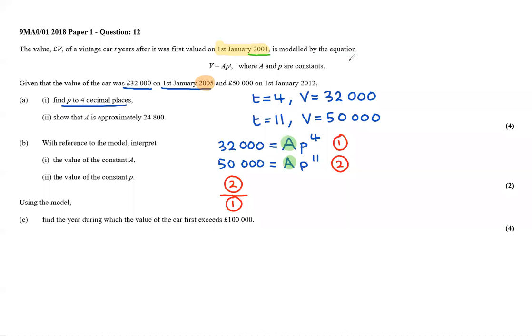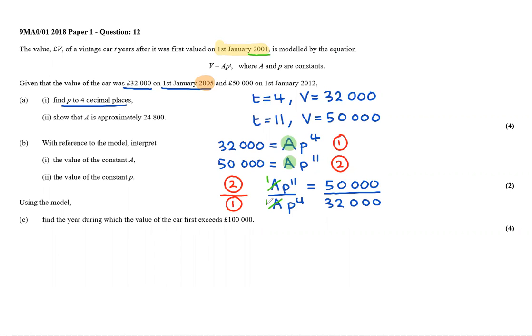So let's do that. We're going to have AP to the power 11 is equal to 50,000. I've just written it the other way around. Divided by AP to the power 4, so that's divided by 32,000. As I've said, the A's will cancel, which is what we wanted.